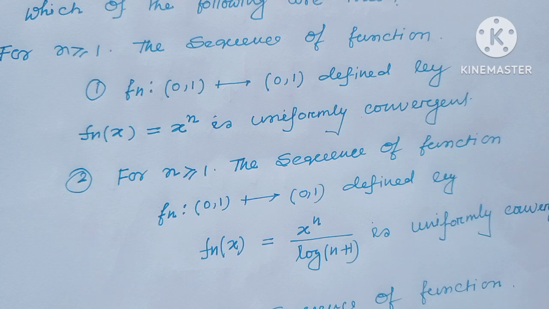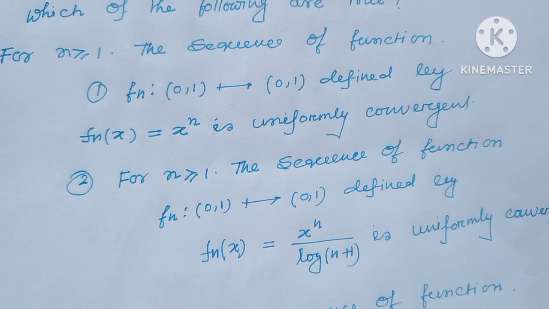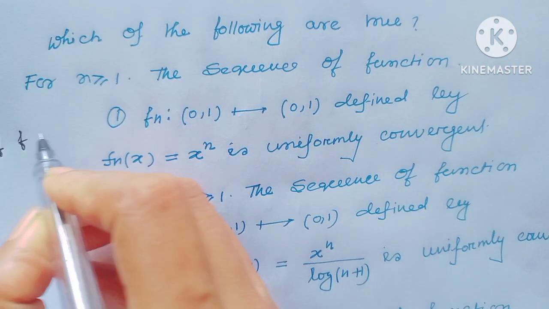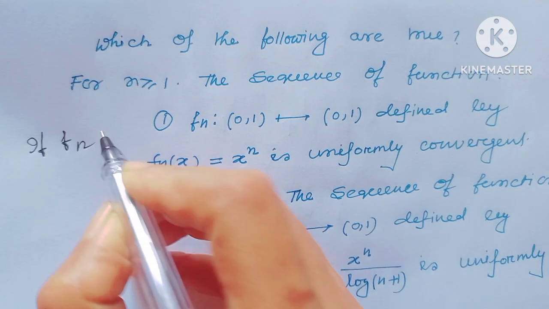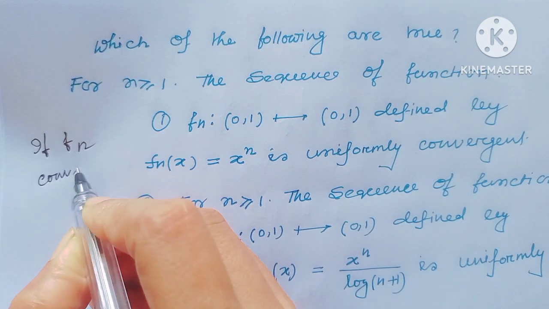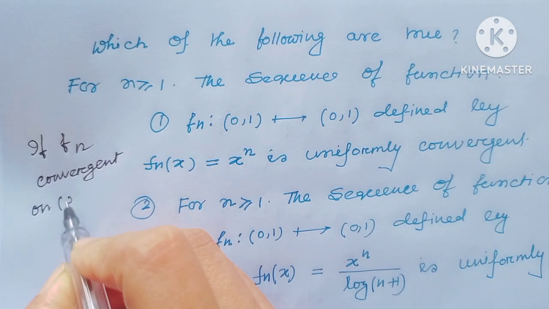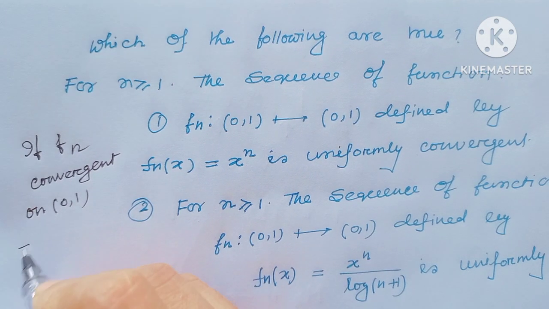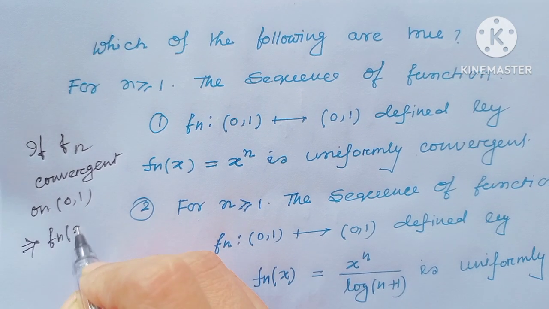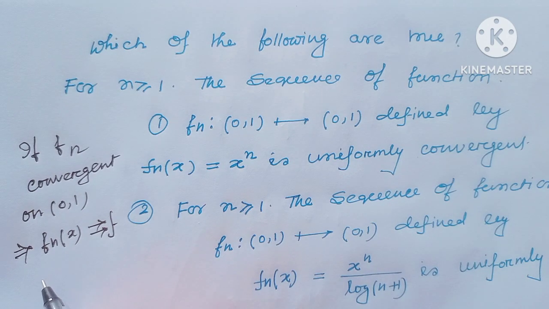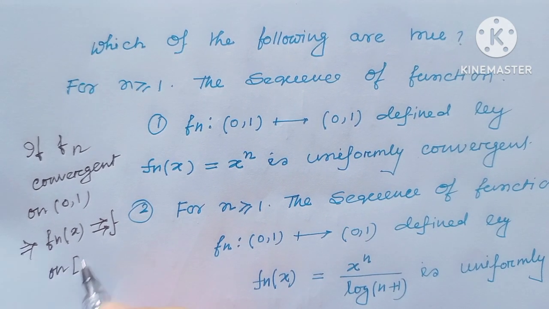First option: fn from open interval (0,1) to (0,1), fn(x). We all know that if fn is uniformly convergent on the open interval (0,1), that implies fn(x) converges uniformly to f(x) on the closed interval [0,1].